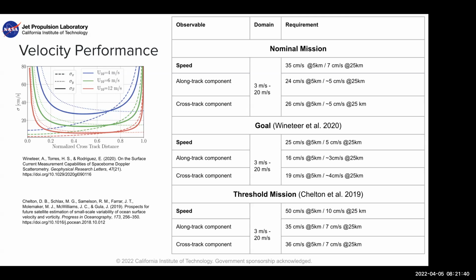And you can see that the component accuracies are on the order of 25 centimeters per second at 5 kilometers and 5 centimeters per second at 25 kilometers. Our goal is to reduce things basically by 10 centimeters per second. And our threshold is, can we live with something which is 50 centimeters per second at 5 kilometers, which translates to 10 centimeters per second at 25 kilometers.